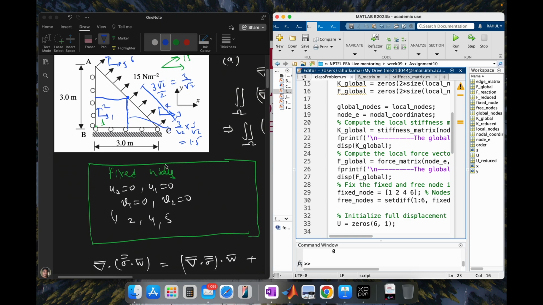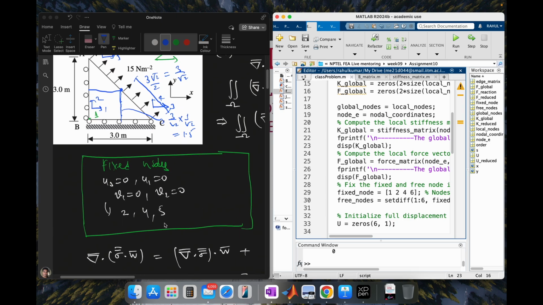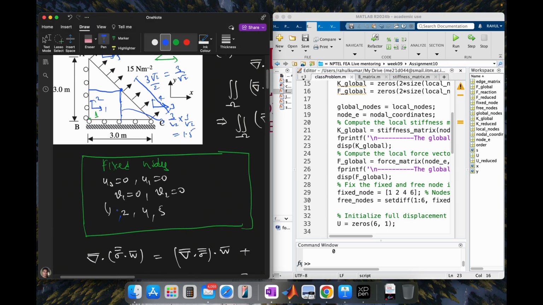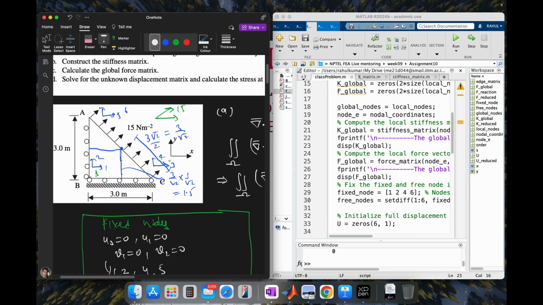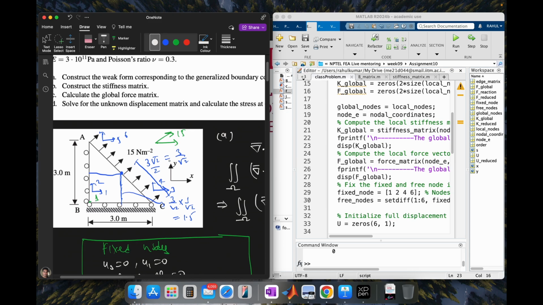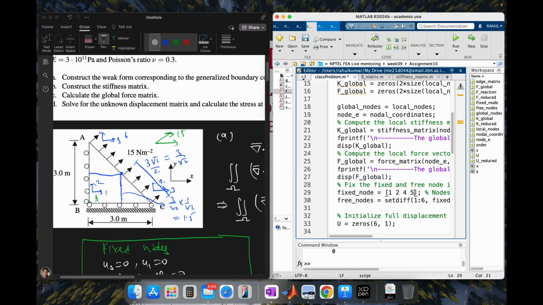Now it is fine. 1, 2, 4, 5 are constrained.